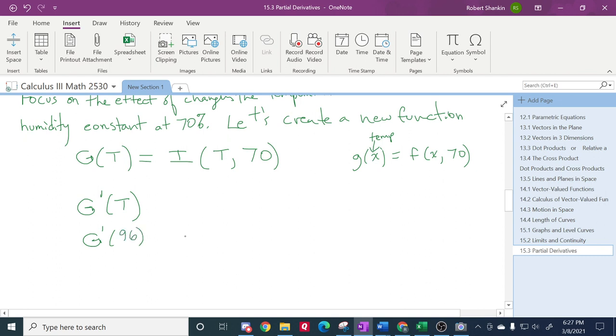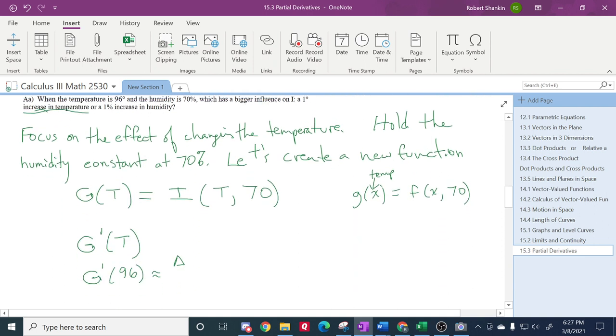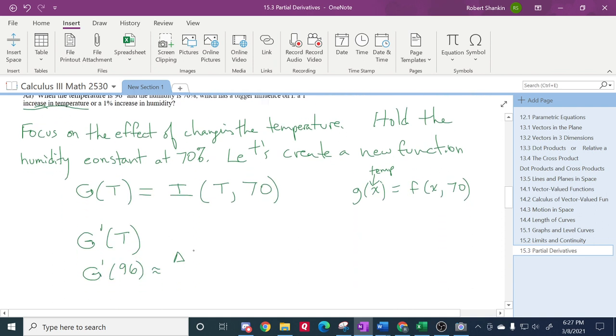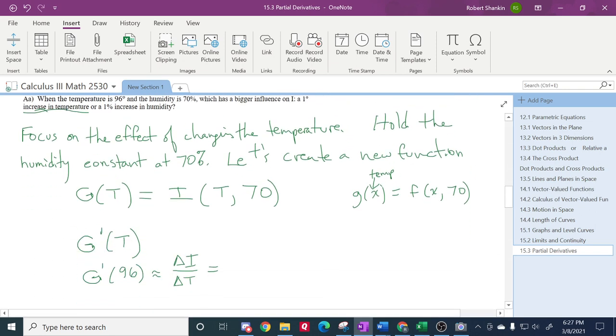G prime of 96 is approximately the change in, just what we were doing over here, change in I over the change in T. And if we did it this way, 8 over 2, which is 4.